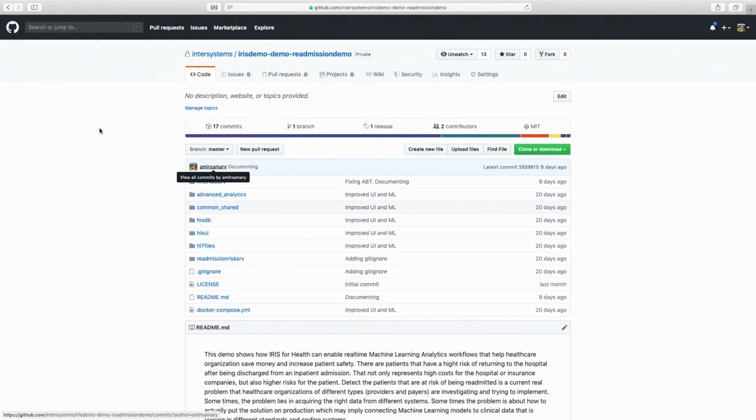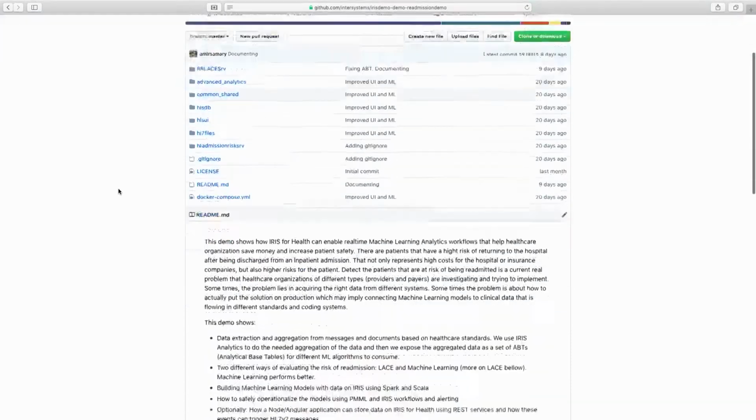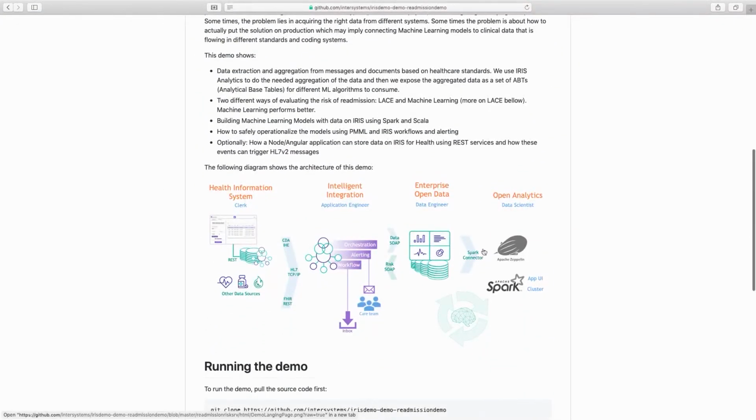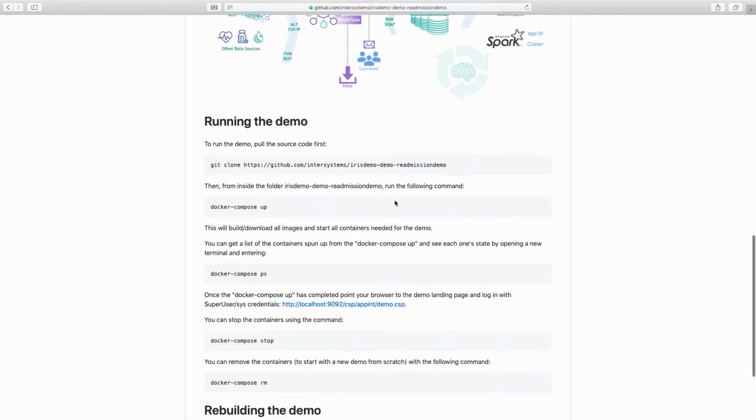It's not public yet. It's still on a private repo, but it's going to be released soon. So it's a very good example with machine learning and Iris, with the readmission problem that is going to be open source. And here I describe this pipeline and how to run the demo.